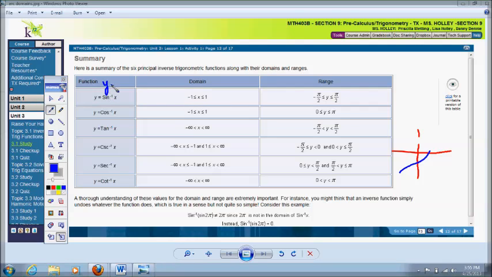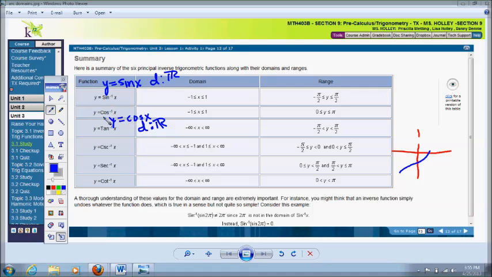But recall when we had y equals sine x, its domain was all reals. Just like when we just got through talking about y equals cosine x, its domain was all real numbers as well. Okay?